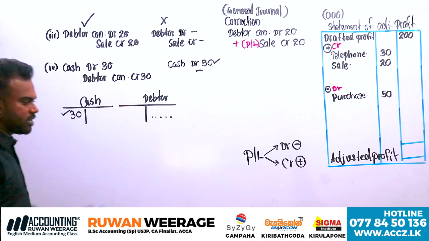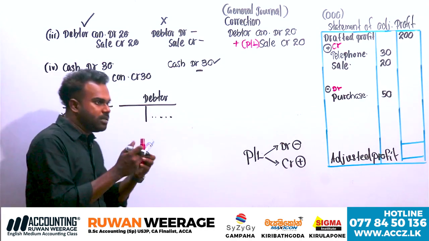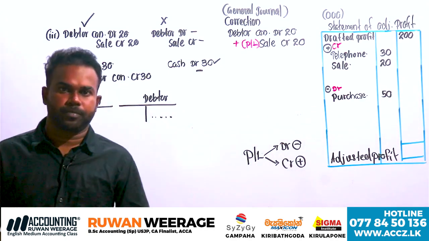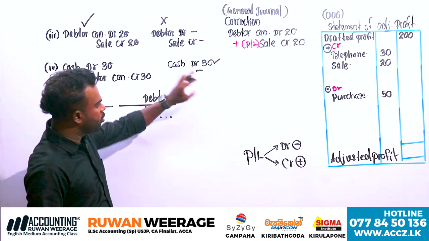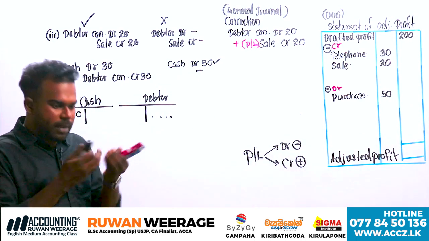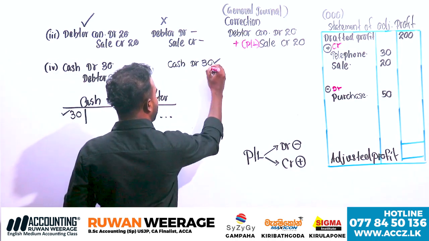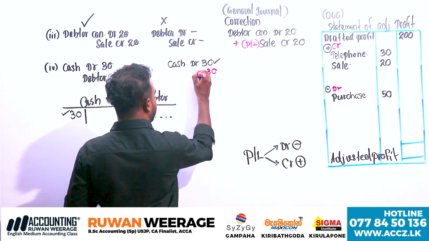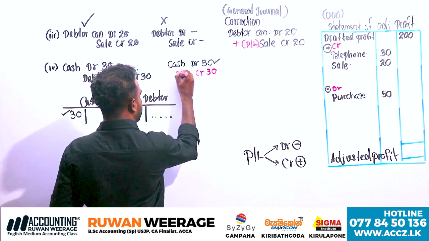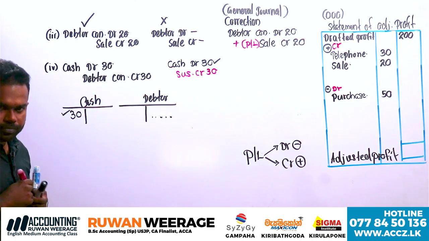From which side is the imbalance? From the credit side. Therefore, what we have to do? We have to put that balance into the suspense, a temporary balance. Suspense. Understood? Right?